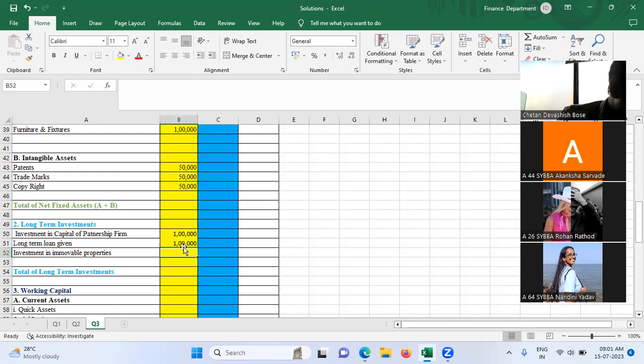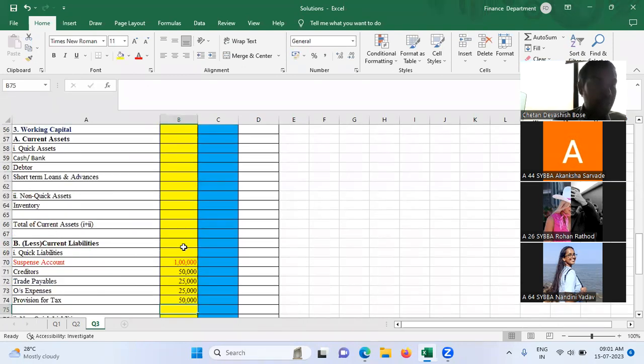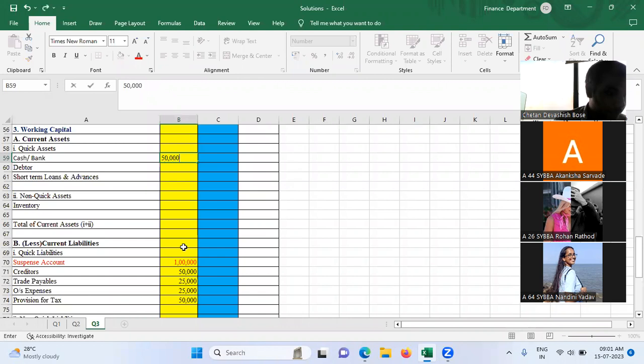We have cash/bank account, then bill receivable, marketable securities, and stock. These all are part of current assets. Cash or bank is 50,000, so we just need to write 50,000 against cash or bank. Then they say bill receivable.